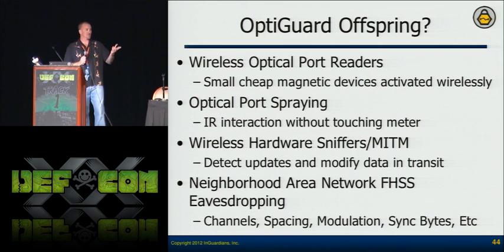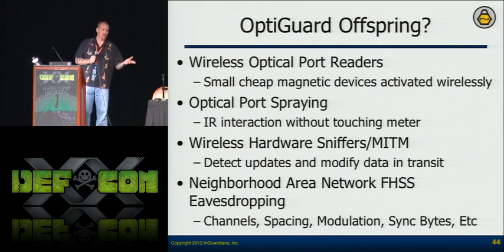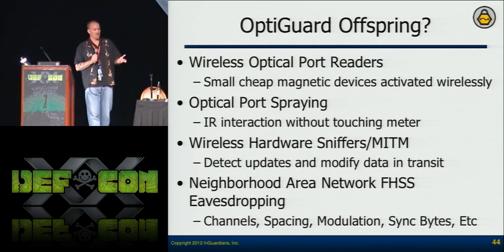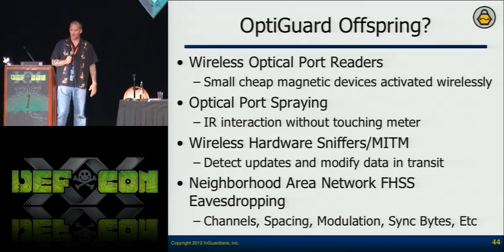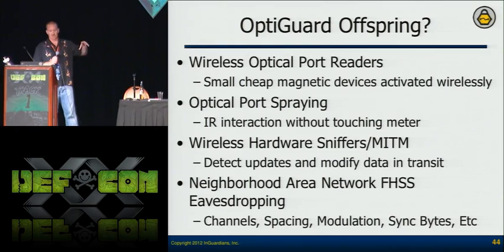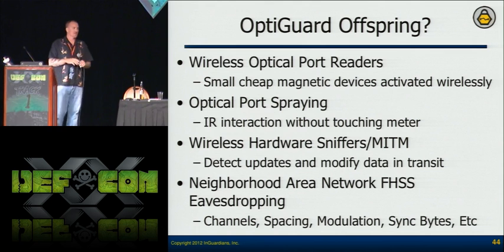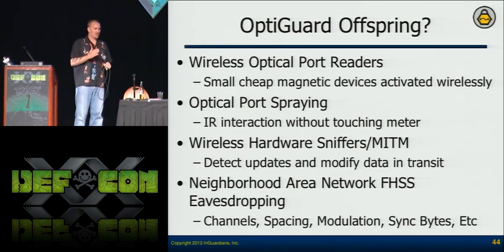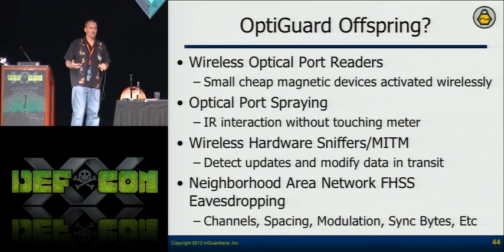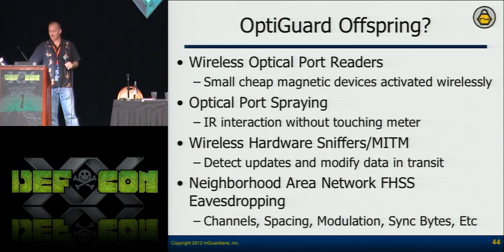The wireless sniffers that we talked about, putting in the aggregation points. They could probably detect the ones that are in the meters, but the aggregation points are really my concern for the sniffers that you just put in and leave in place to send data back to you. And then obviously the frequency hopping, that's probably the next big concern. Being able to get that radio information so that you can do all of this stuff wirelessly via the radio, that's something that I'm really interested in and we're working towards.